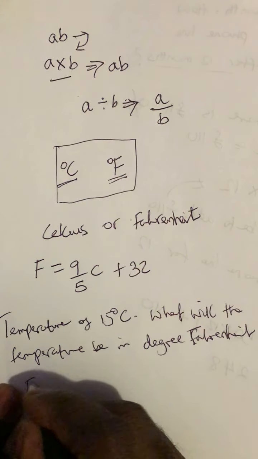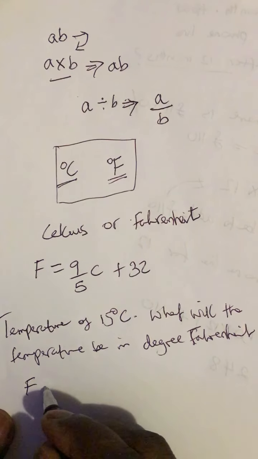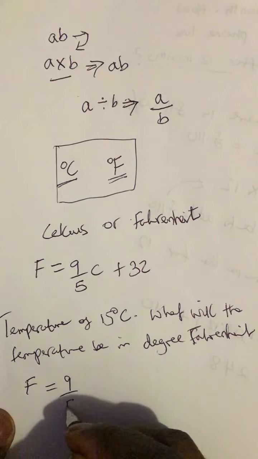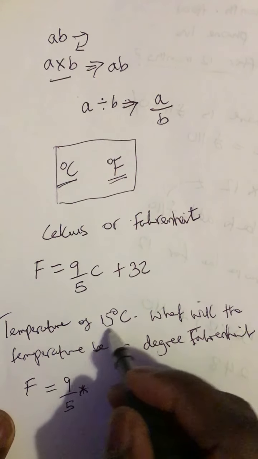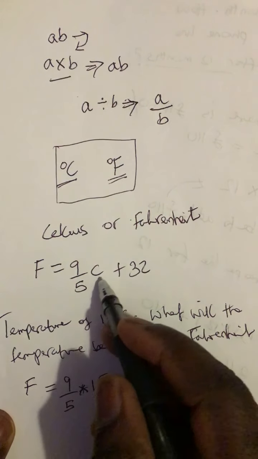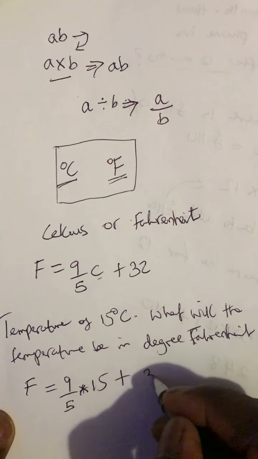We're looking for F in degrees Fahrenheit, and we have 9/5. We multiply this by 15 degrees C, which is our degree C, then we add 32.